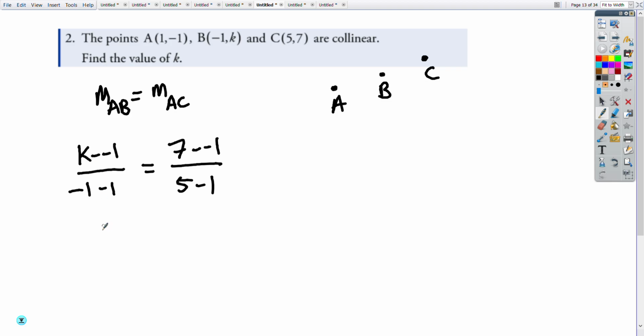This gives us k plus 2 over -2 equals 8 over 4. 8 over 4 is just 2, and I'm going to multiply both sides by -2.